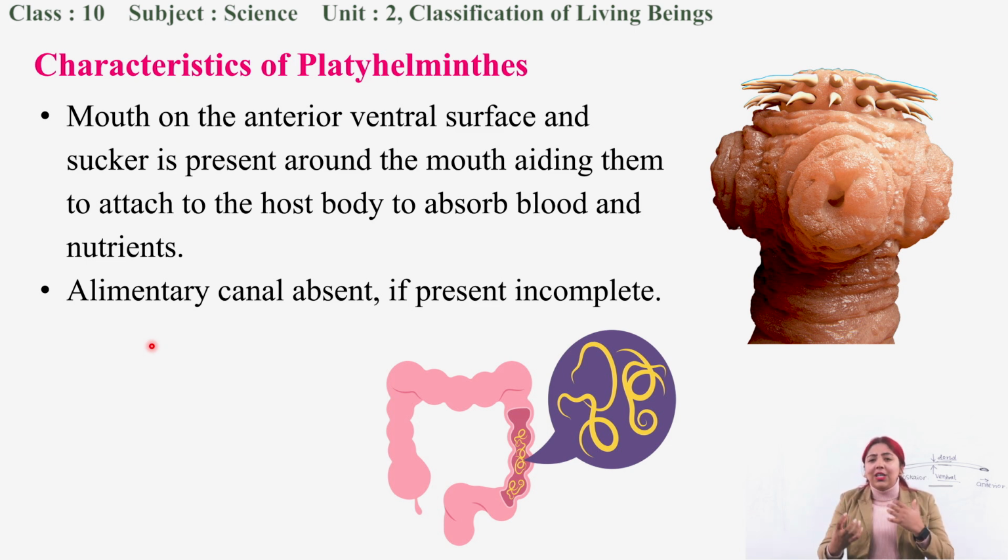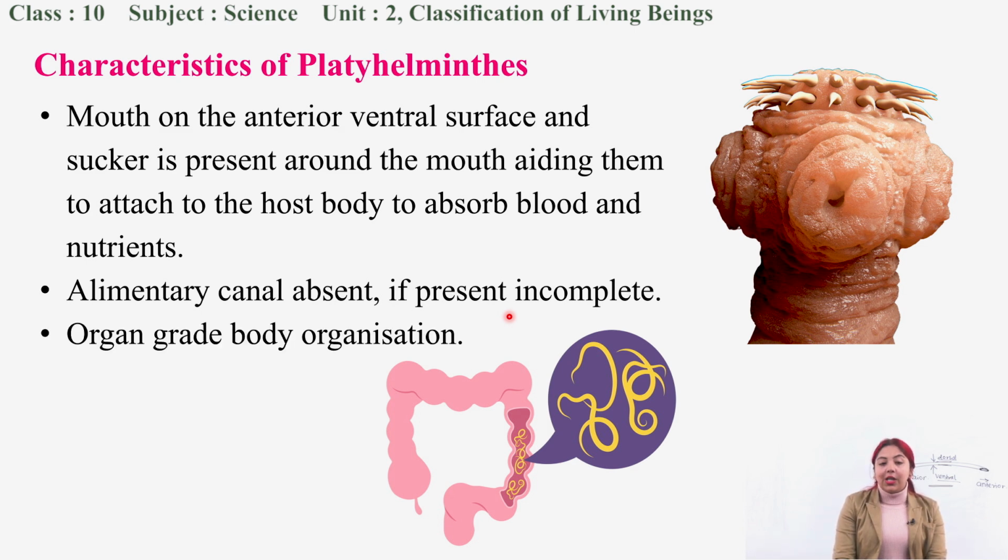So they do not need an entire complex digestive system to digest the particles, because they are taking in already digested particles. So that's why the alimentary canal is absent in them. And if it is present, it is incomplete. In certain free forms, the digestive system may be present, but it is incomplete, meaning it only has a mouth, but it does not have an anus. That is the blind sac body plan.